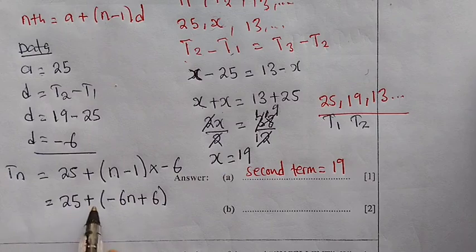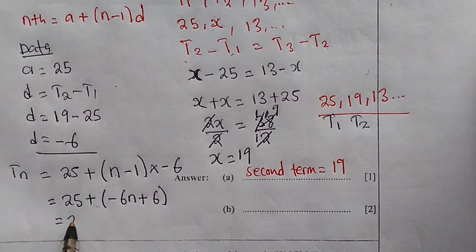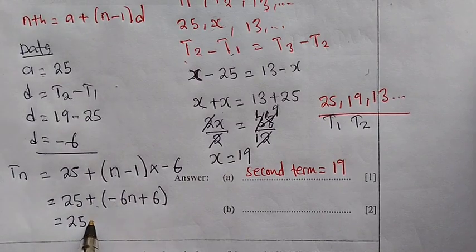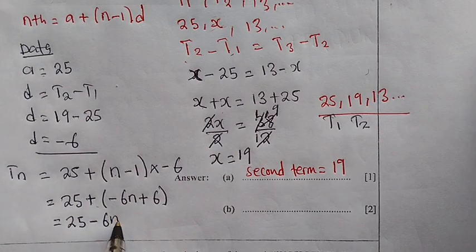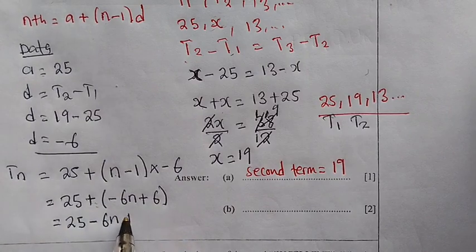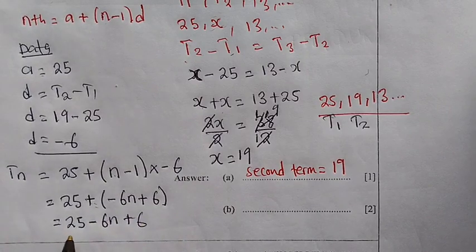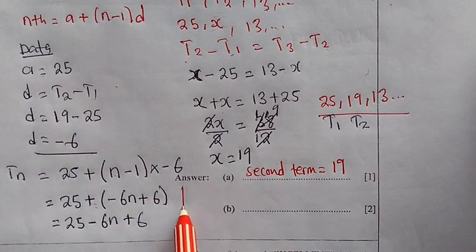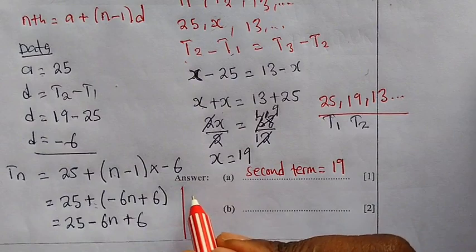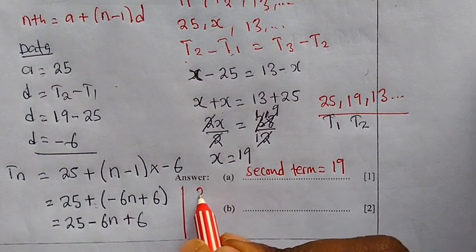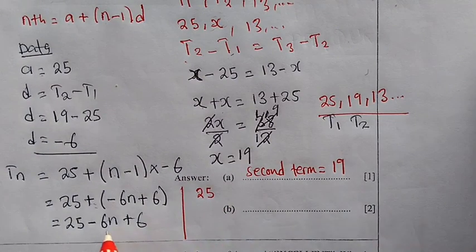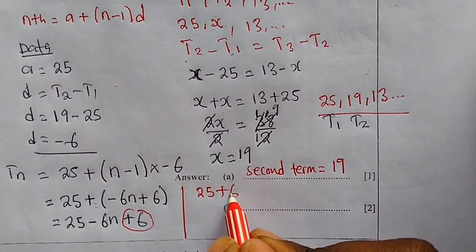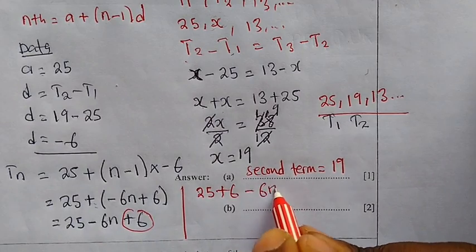So from here we can open the brackets where we say 25 positive times negative 6n is negative 6n. Positive times positive 6 is positive 6. When we collect the like terms, we are going to say 25, the like term of this 25 is right here, a positive 6, then minus 6n.